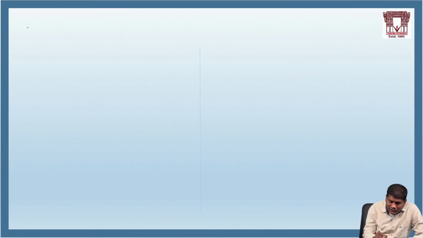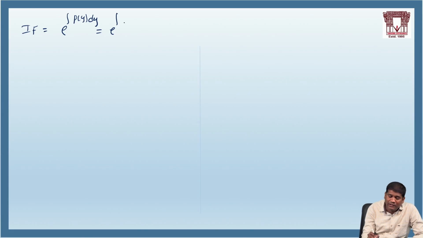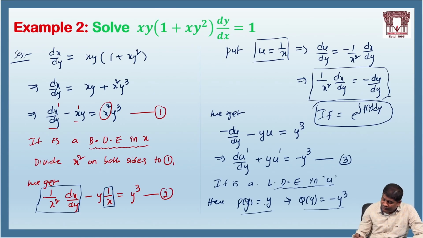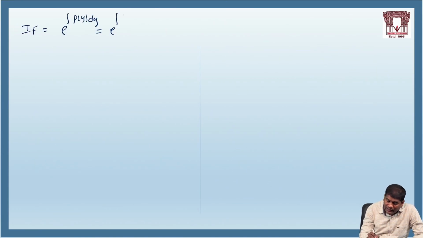The integrating factor IF is equal to e to the power integral p of y dy. What is the p of y here? y. So that is y dy. Integration of y is y²/2, so e to the power y²/2. This is the required integrating factor.